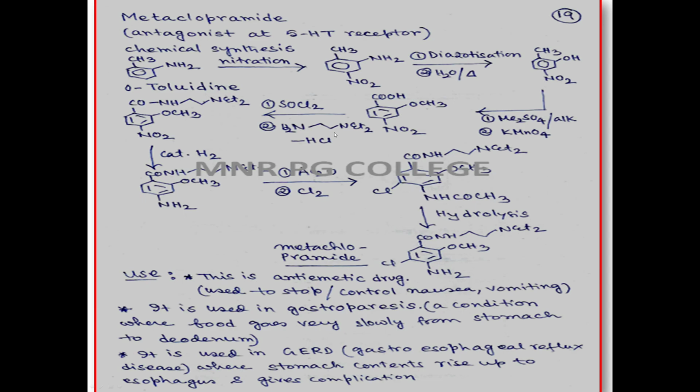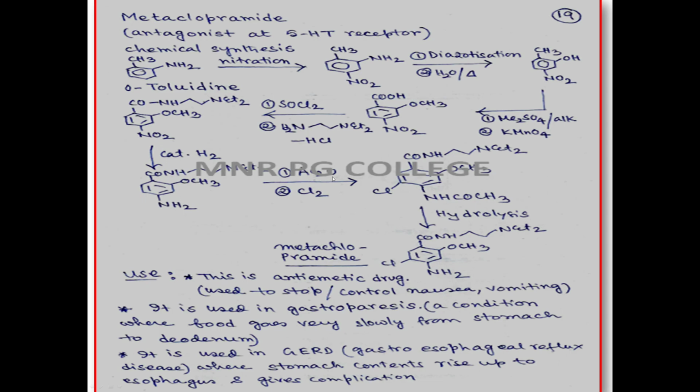So this is CH2, one carbon is attached with the NH2, another carbon is attached with the NEt2. So HCl goes and we get the amide linkage. Now when it is subjected to catalytic hydrogenation, the nitro group gets converted into an NH2 group.